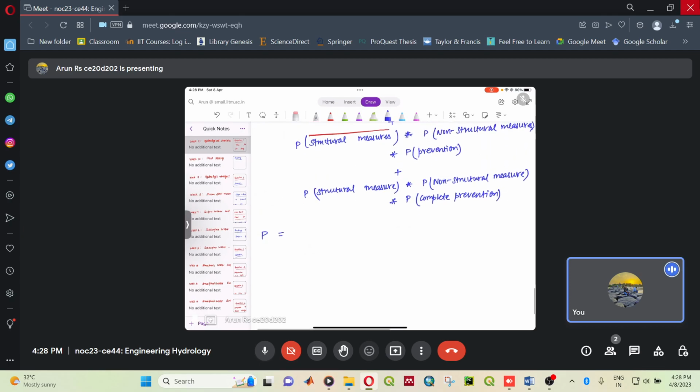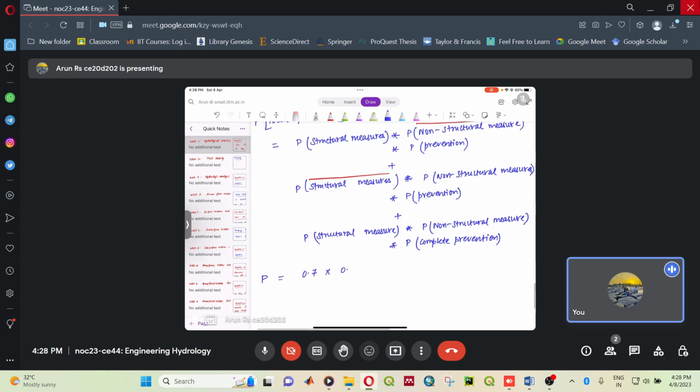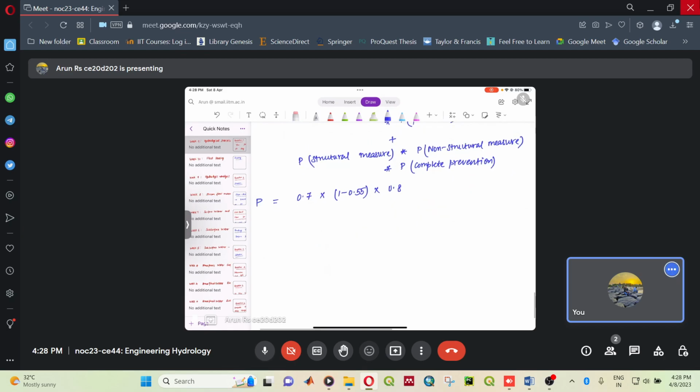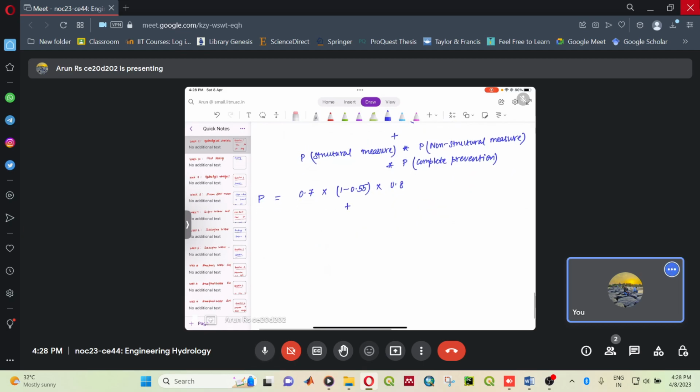So if we improve structural, the probability of improving the structural measure is 0.7, and the probability of not improving the non-structural measure is 1 minus 0.55, and the probability of prevention is 0.8. So this is the first part. And for the second part, it is 1 minus 0.7.